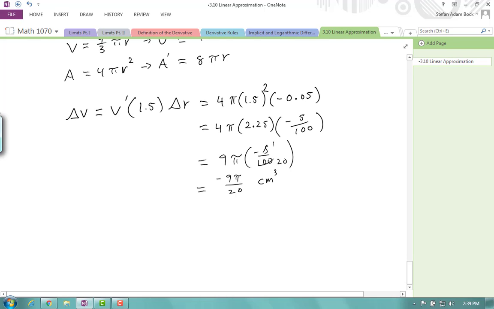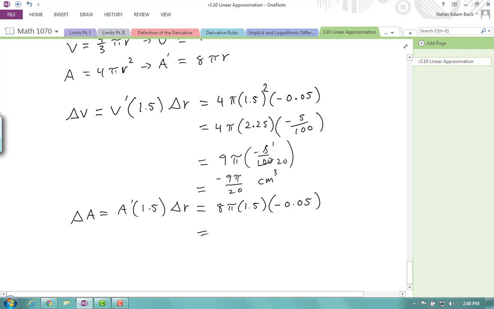Similarly, for my surface area, delta A would be equal to A prime of 1.5 multiplied by my delta R, which is 8 pi times 1.5 times delta R, which is minus 0.05.